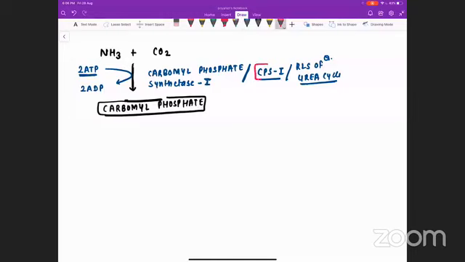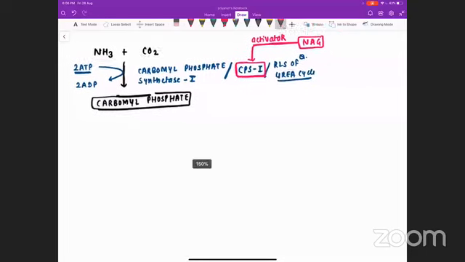There is a molecule which can activate CPS1 and can promote the synthesis reaction. The molecule which can activate CPS1 is called NAG. NAG is an activator of CPS1.